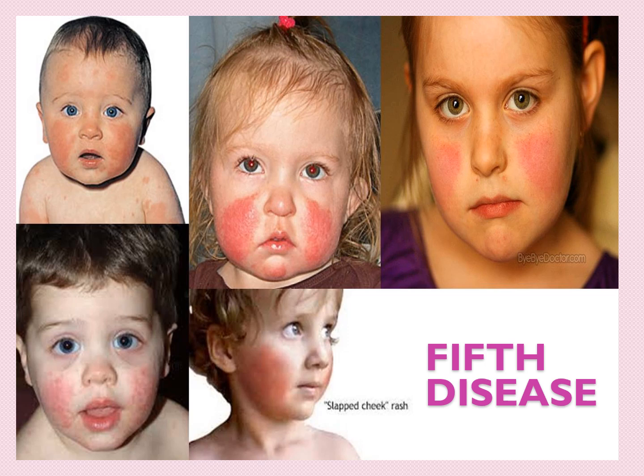So it responds to temperature. So kids running around a playground, getting their body temperature increased, end up showing this slapped cheek appearance. So kind of interesting. Again, not a whole lot of other complications from fifth disease, just that they have this slapped cheek appearance, and usually we do see this in children.